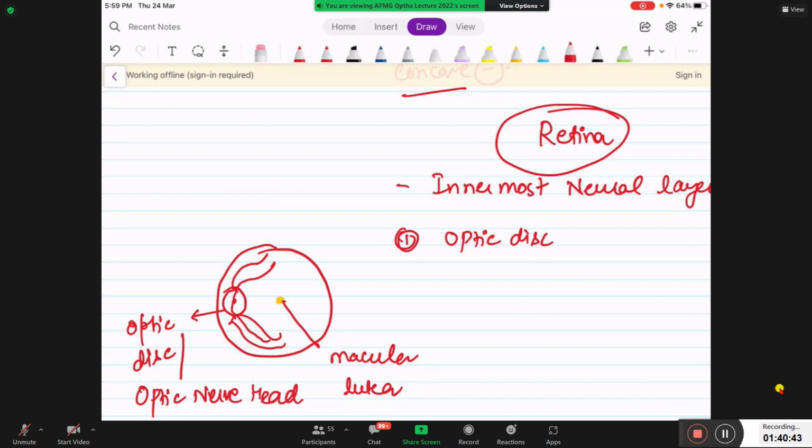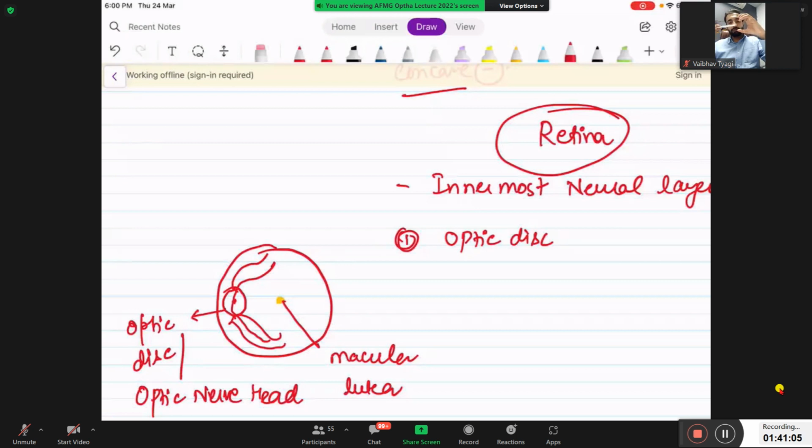Now try to understand. Suppose this is my eyeball. From the posterior aspect of the eyeball, suppose this is my optic nerve. This optic nerve is normally 47 to 50 millimeters long.